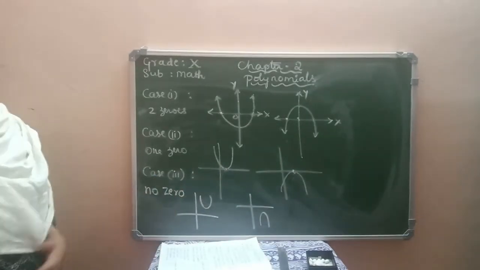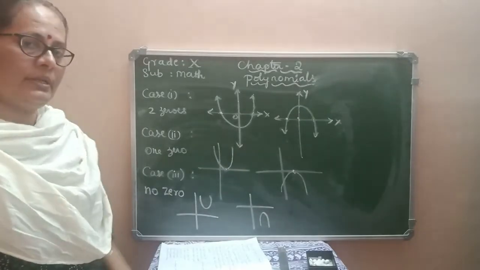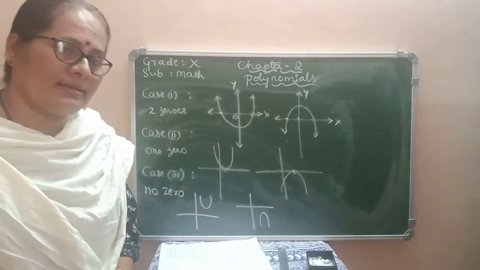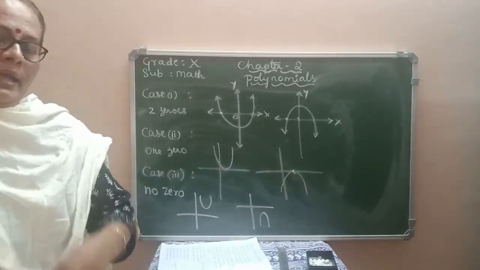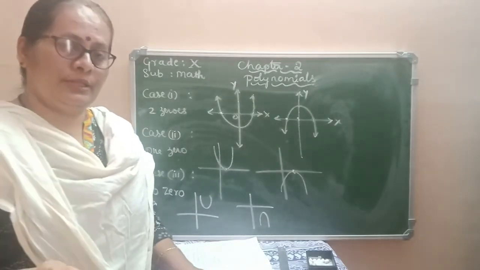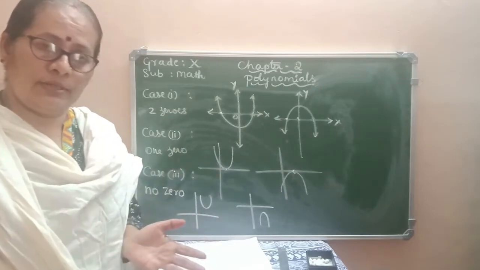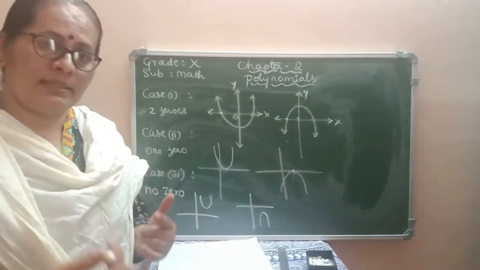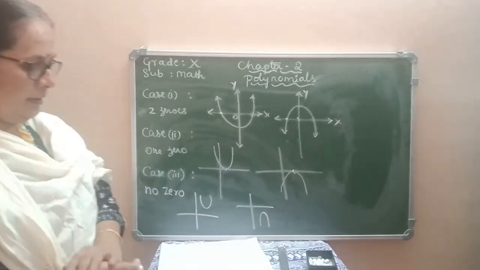I hope you understood this concept. How many zeros does a quadratic polynomial have? At the most two zeros. At the most means it may have no zeros, 1 zero, and maximum means two zeros.